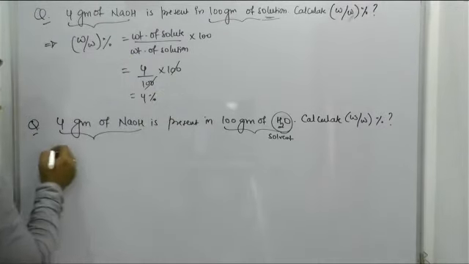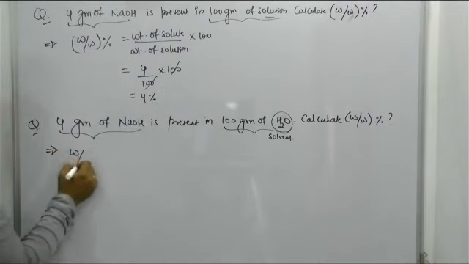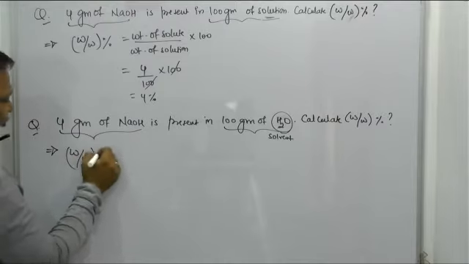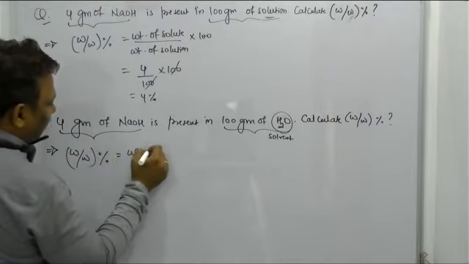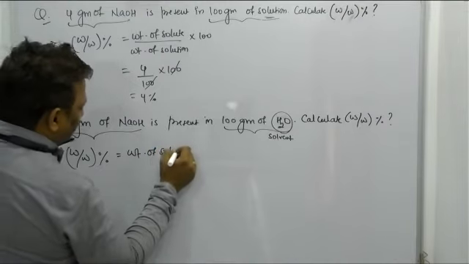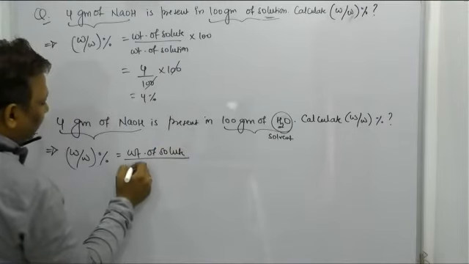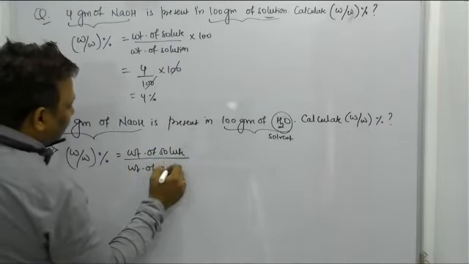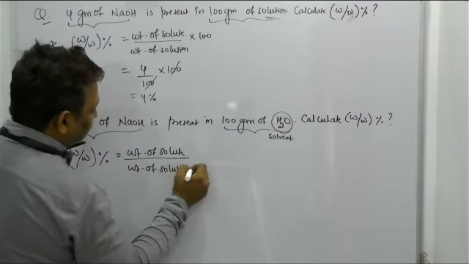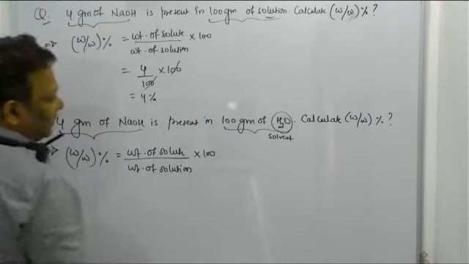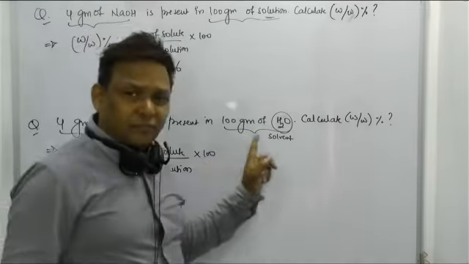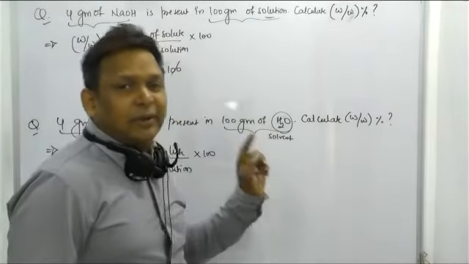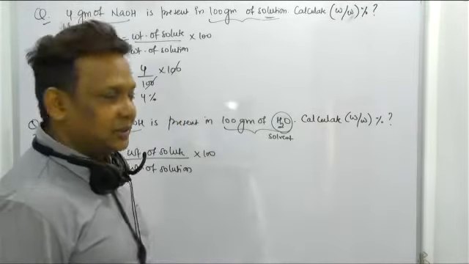But now in this case, beta, they are asking to get the W by W percentage. What do we require? We require weight of solute. What is that? 4 gram. And we require weight of solution. But it is 100 gram of water, which means it is the weight of solvent. It is not the weight of solution. What to do?